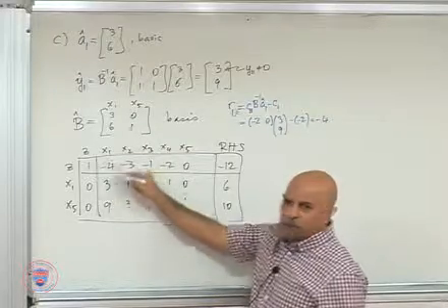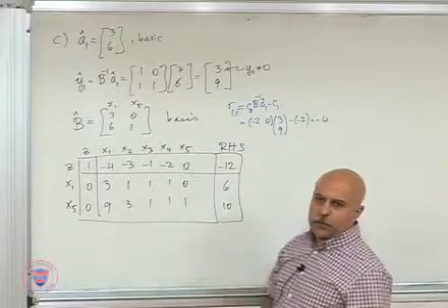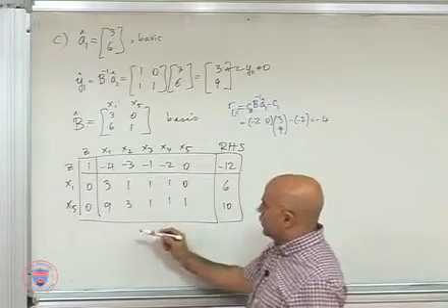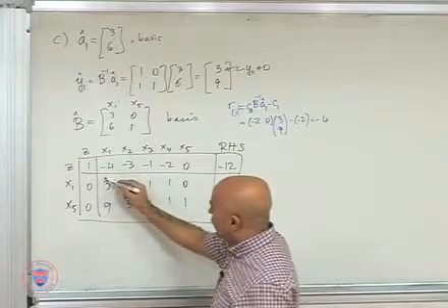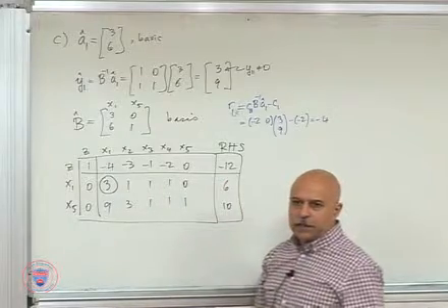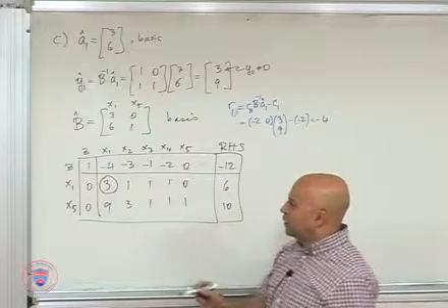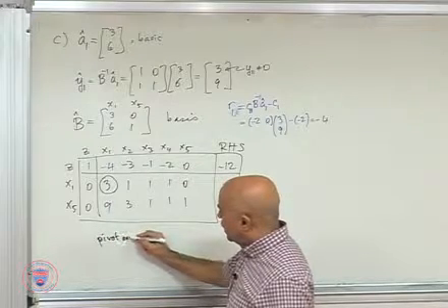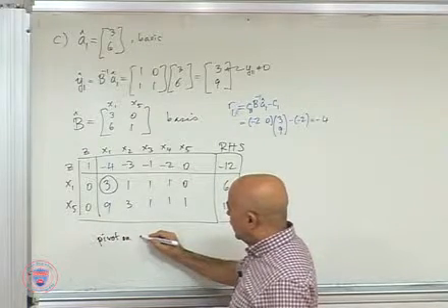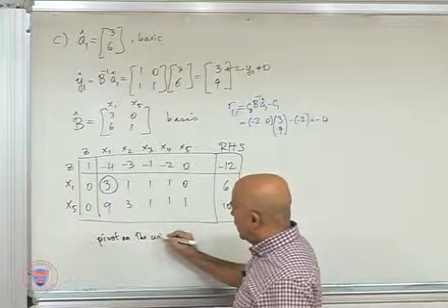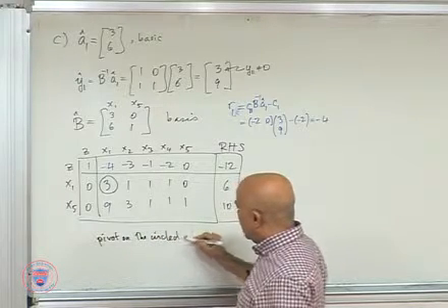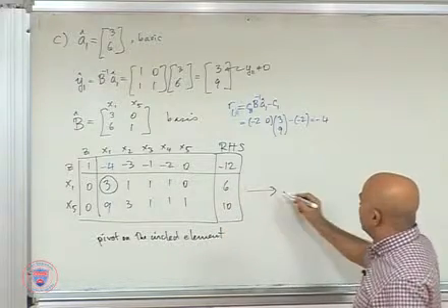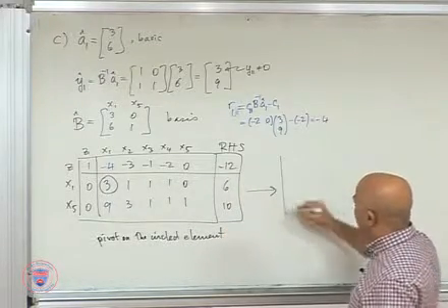Now, you need a unit vector here because we work with B inverse rather than B. For that reason, you need to transform this into the unit vector that has a 1 in the circled element, zeros elsewhere. So you pivot on that, to transform the tableau into a new one.